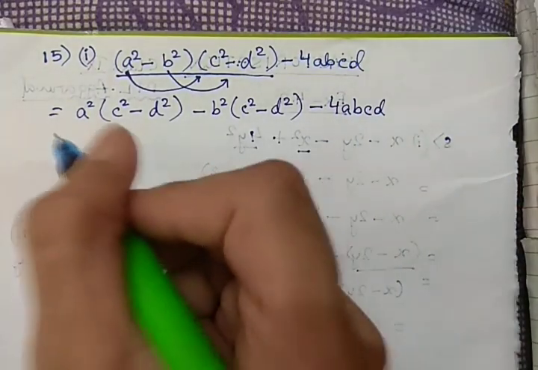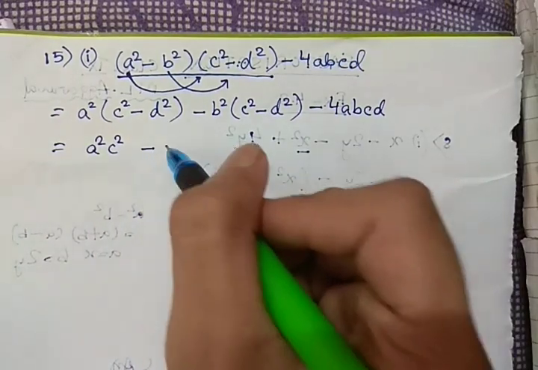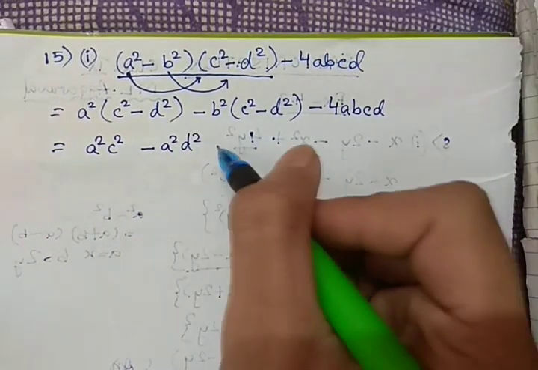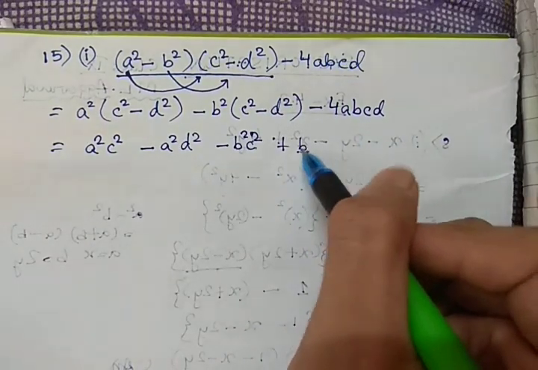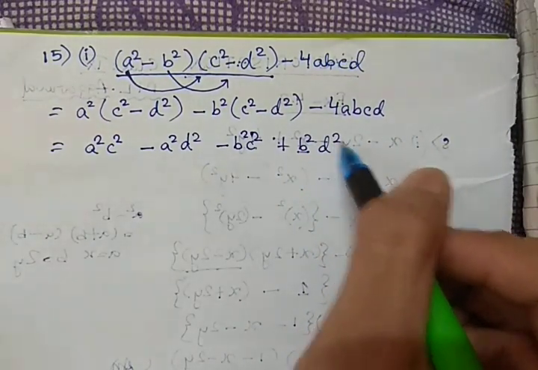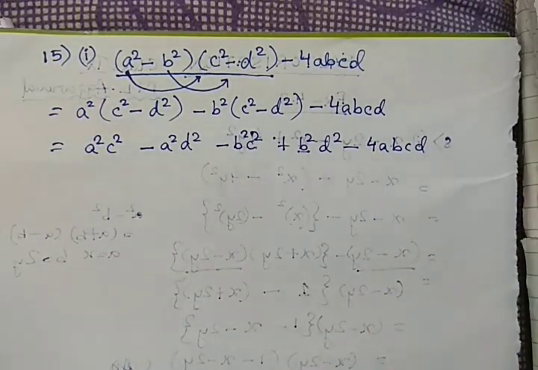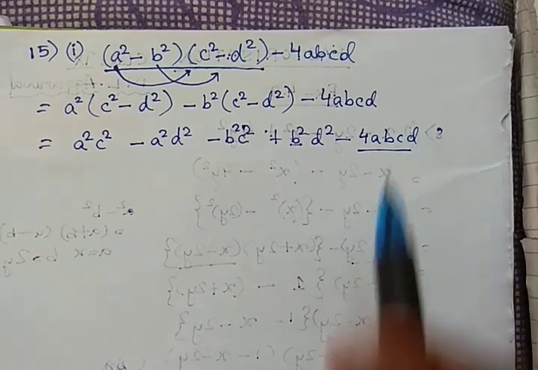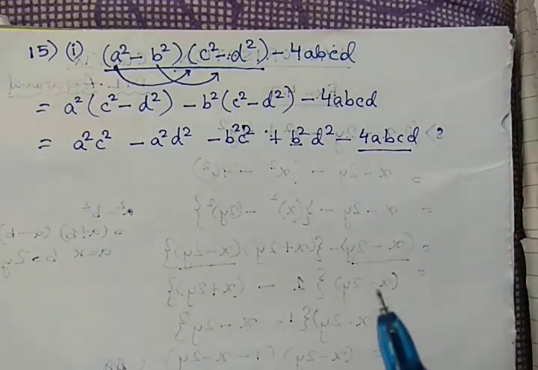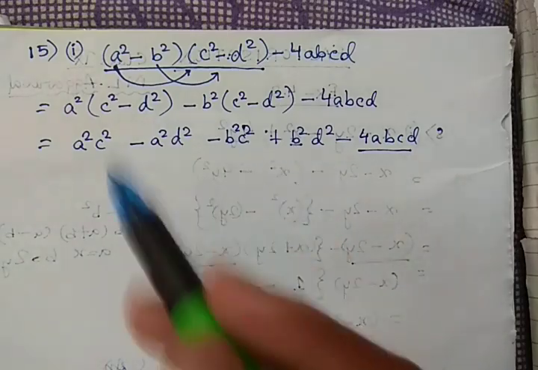Okay, so this becomes a square c square minus a square d square minus b square c square plus b square d square minus 4abcd. Clear? Okay, so now we will break down 4abcd into 2abcd so that we can apply a minus b whole square or a plus b whole square, whichever is coming, that formula.